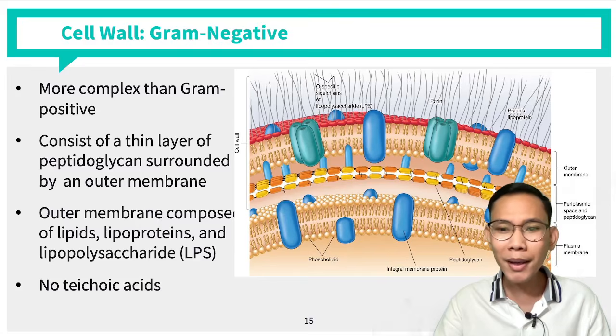Compared to your gram-positive, it's very thin. However, it contains an outer membrane composed of lipids, lipoproteins, and lipopolysaccharide. What else? Compared to your gram-positive, there is no teichoic acid. So, wala tayong nakitang teichoic or lipoteichoic.